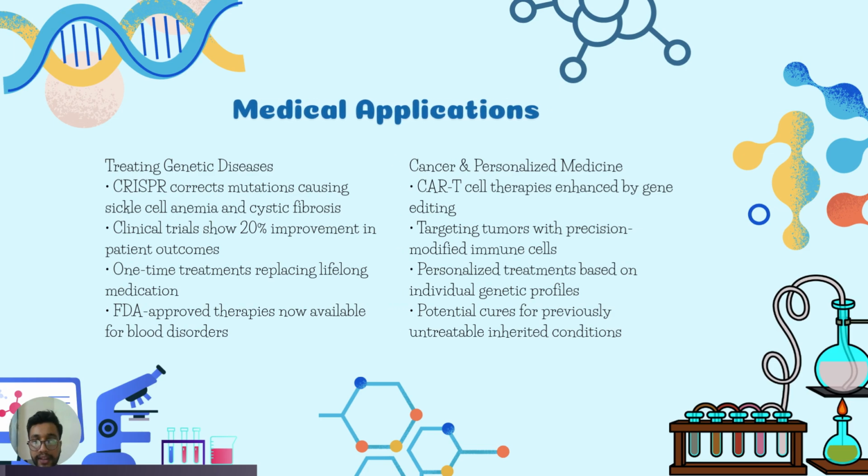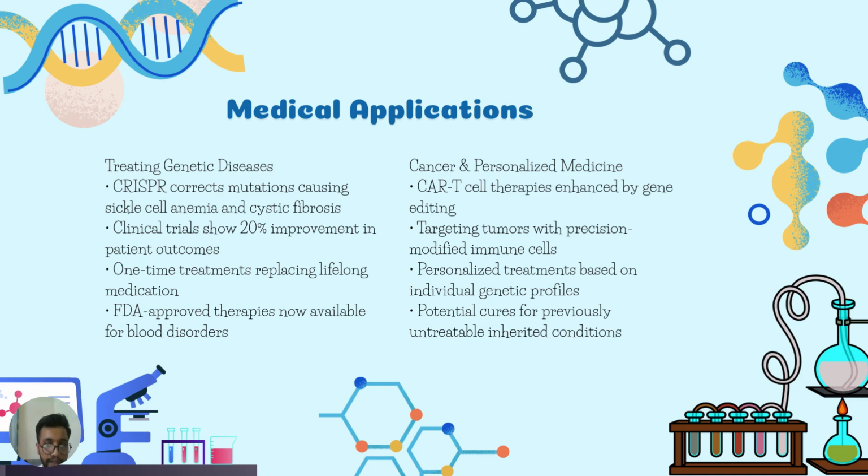For decades, treating a genetic disease was like constantly mopping up the floor while the faucet was still running. CRISPR lets us finally turn off the faucet. In medicine, this is not science fiction anymore, it's a reality. Take sickle cell anemia or cystic fibrosis.